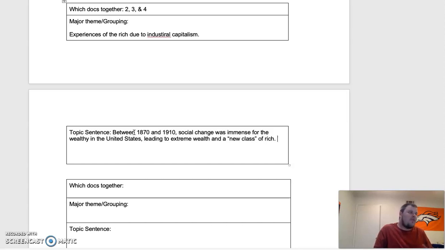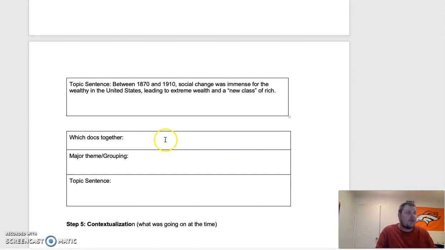And if you remember, the new class of rich was because they worked for their money and were not born into it. So this is something I want to keep in mind. Again, I might tweak this topic sentence a little bit later, but it's a decent foundation for now. It does look at this one group in particular, and I think that will suffice for this point in time.